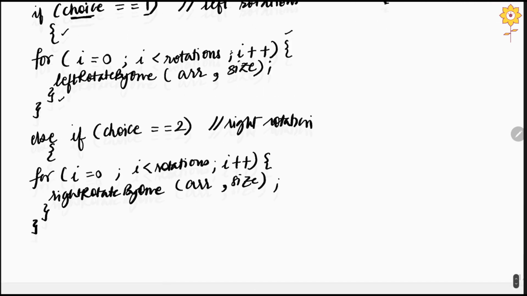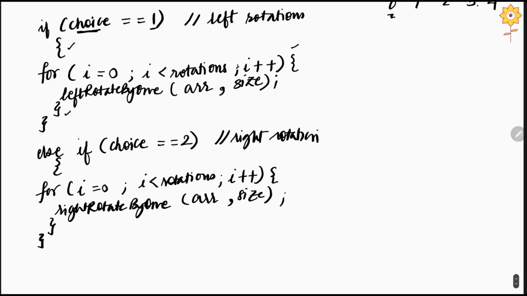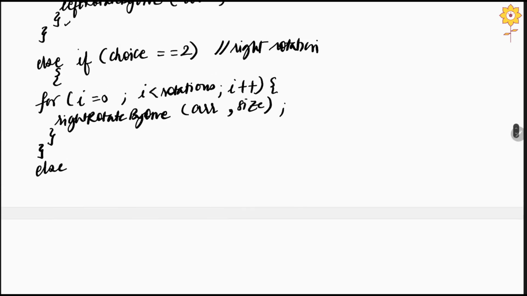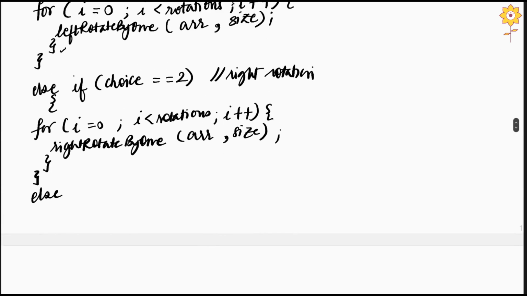In an else if ladder, you have to write else at the end, okay, which is the default case. So, else cannot have any condition associated with it, as it is the default case. So, in else you can only print statements. Here we can write printf, we can say that the choice is invalid, right.